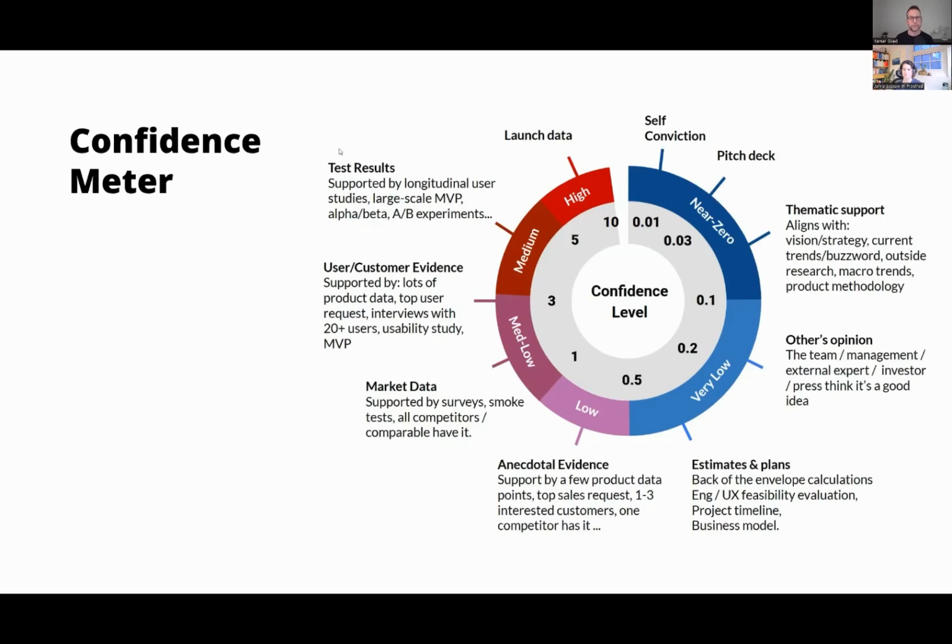You still didn't find outside data, which is this quadrant here, the pinkish area. So this data can be anecdotal. It can come from user interviews. It can come from your data. It can come from customer requests, but sporadic requests, or it could be from competitive analysis. Maybe one competitor has it.